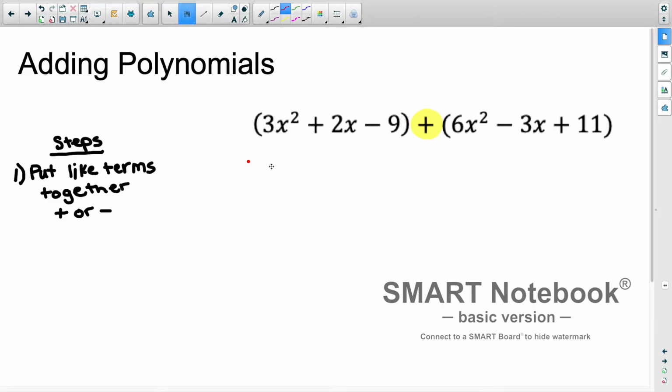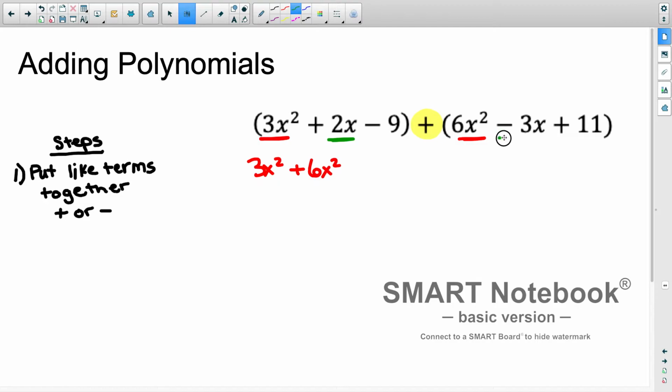Awesome, we have that 3x squared and that 6x squared, so I'm going to put a plus between them. And we know those are like terms because they both have that x squared. What else can we put together? 2x and 3x. Good, that 2x and that 3x.